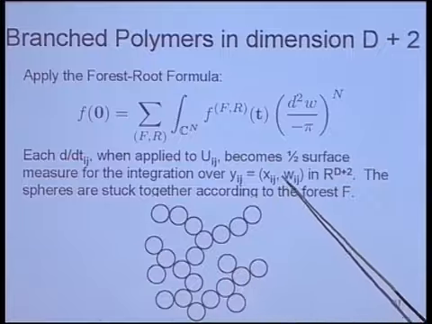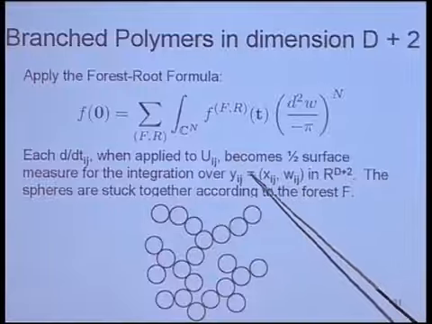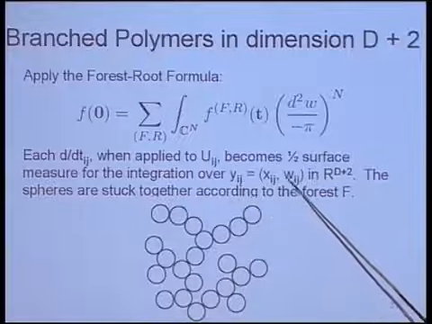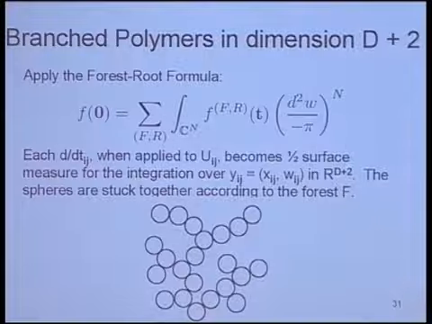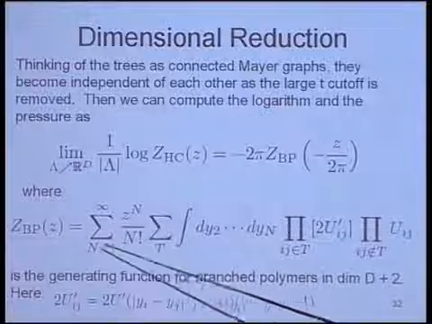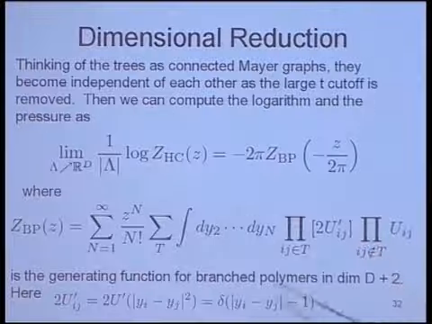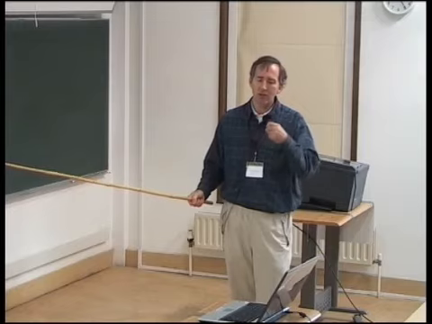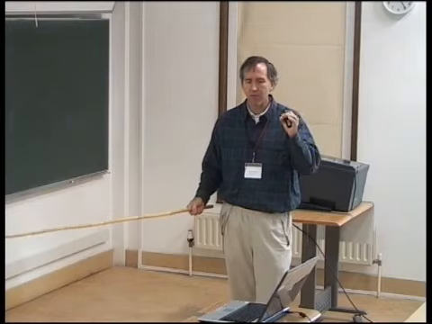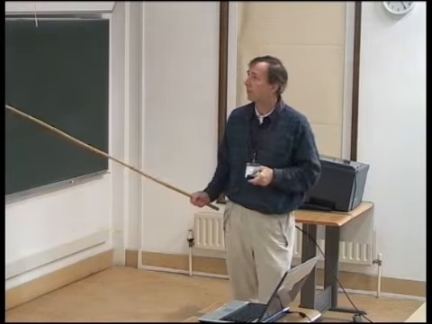So we start with the x variables, we add the w variables, which are in 2 dimensions, and so now we have the y's, which are the combination that live in our d plus 2. And so this branch polymer generating function looks like this. The links now, remember we differentiated u to get the links, so we differentiate this indicator function, you get the surface measure on the sphere.